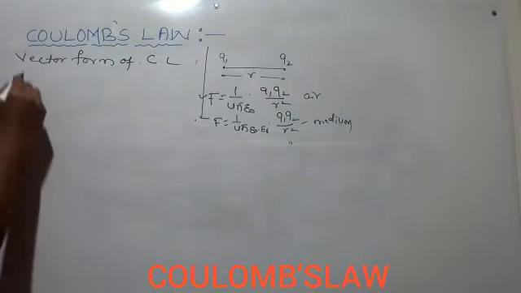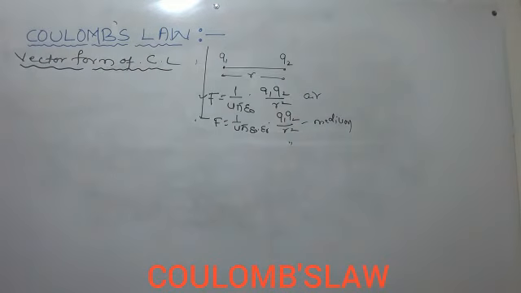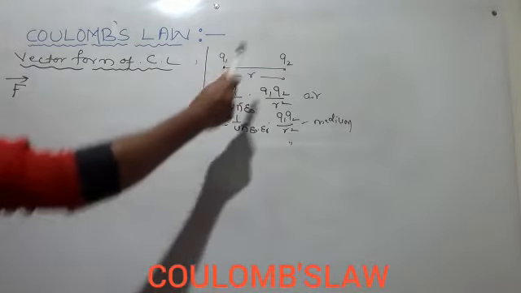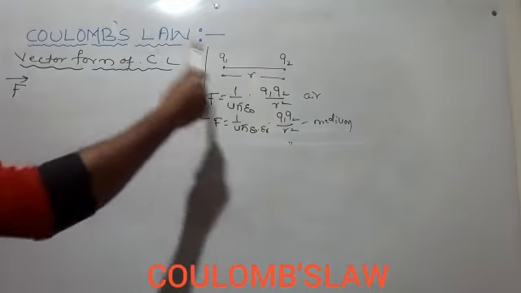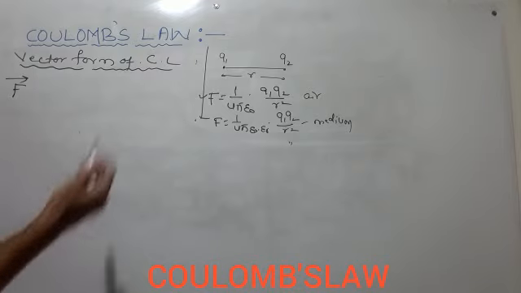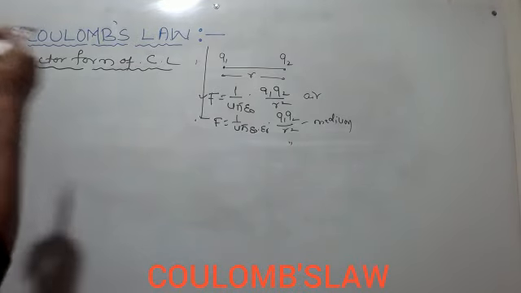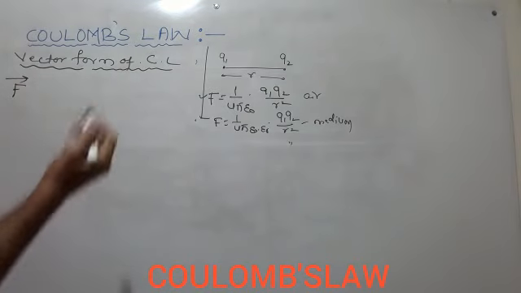If force is a vector, then it must have direction as well as magnitude. How much it is, that is the magnitude of the force between the two charges, is given by F is equal to 1 divided by 4 pi epsilon naught Q1 Q2 divided by r square, but it is not explaining the direction of the force.